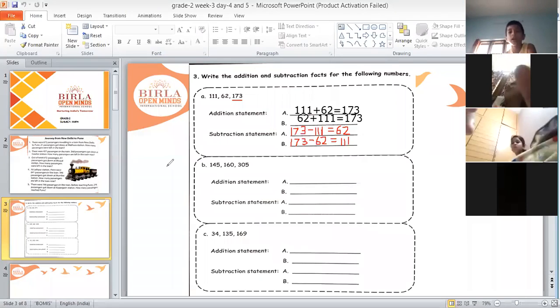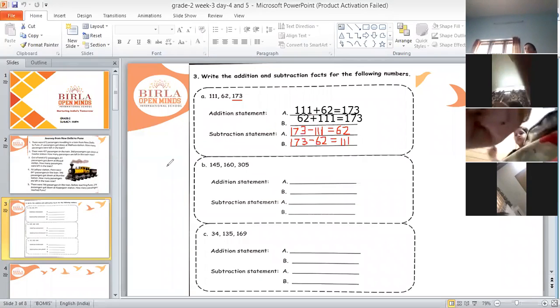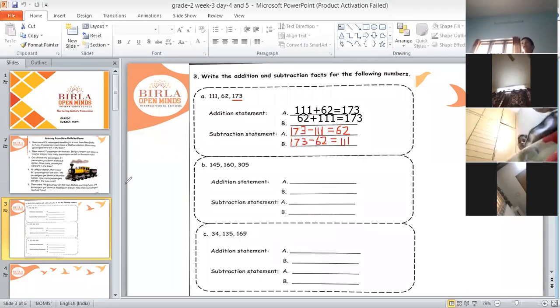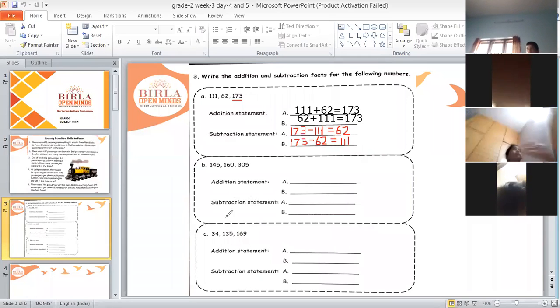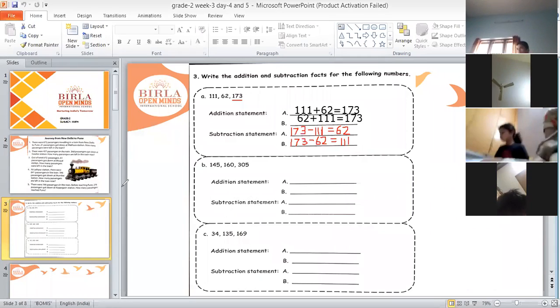Ashwita, unmute yourself and tell me which is the biggest number in bit B. Tell me the biggest number. Yes, Ashwita, tell first. Which is the biggest number?